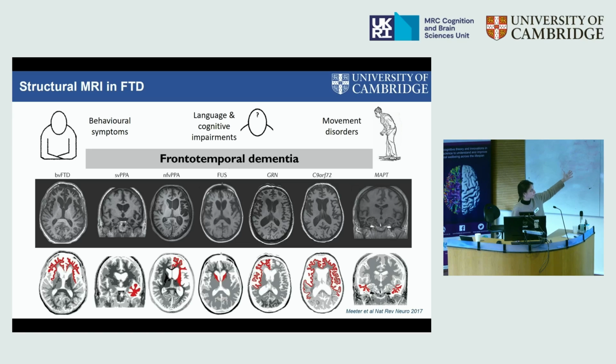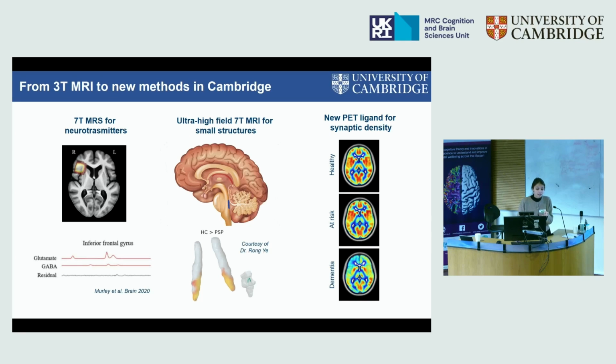So behavioral frontotemporal dementia is bilateral in the frontal lobe, semantic dementia is more in the left temporal pole, etc. However, in Cambridge, we are trying to move from 3T MRI to new technology and new methods to look at frontotemporal dementia.